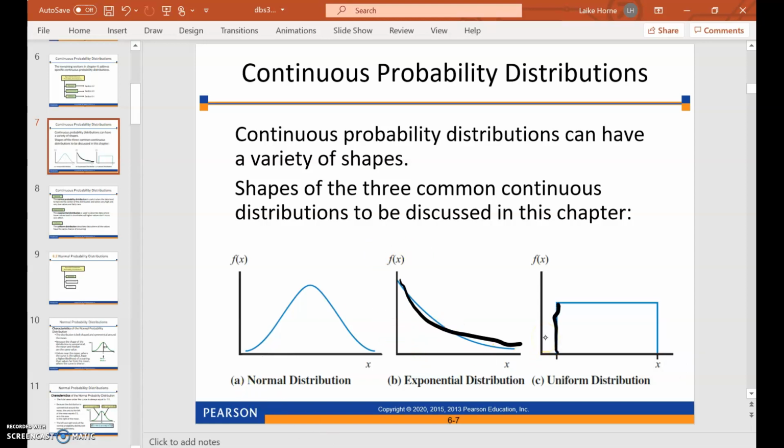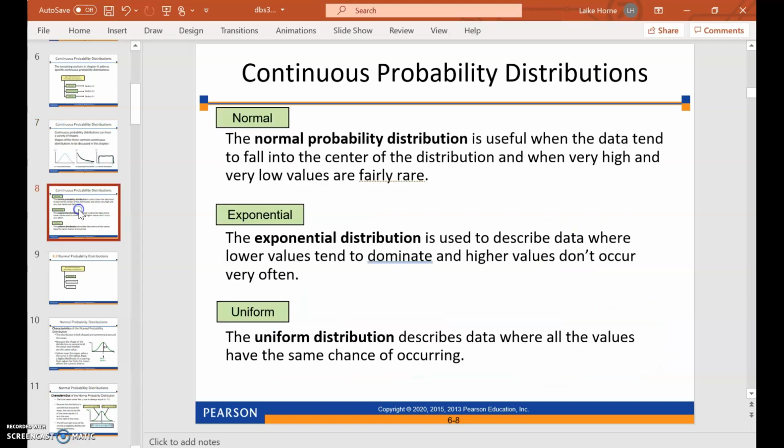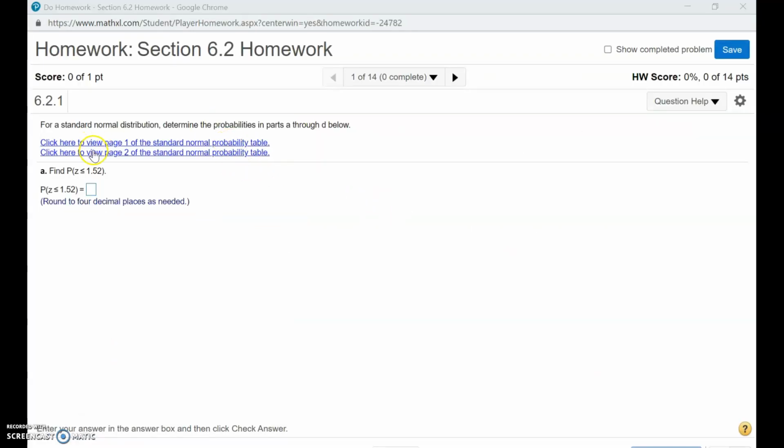And then uniform is the same over time. So a normal distribution, when to use this? This is when data tend to fall into the center of the distribution and very high and very low values are rare. We're going to be using the actual tables for this, and remember these are in the appendix.